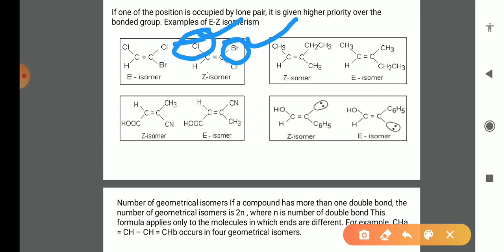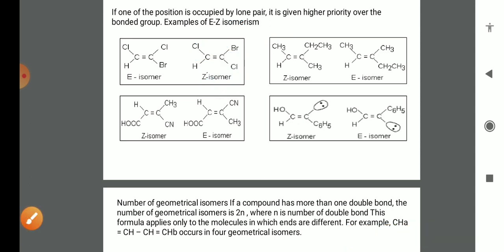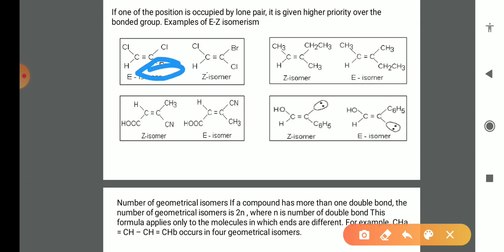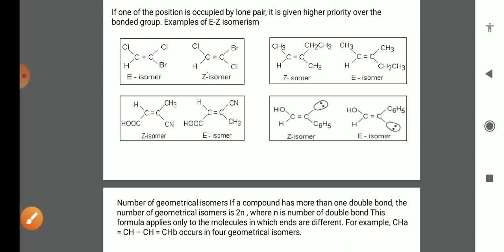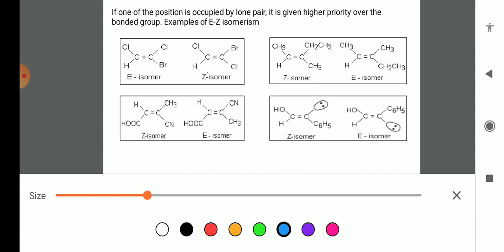So both higher priority groups are on the same side, so it is called Z. Now here bromine has a higher atomic number than chlorine, and this is the chlorine. So the two higher priority groups are on opposite sides, so it is called E for Entgegen, which means opposite.